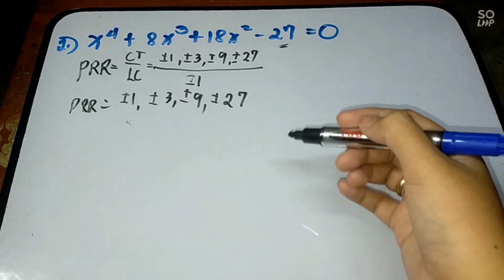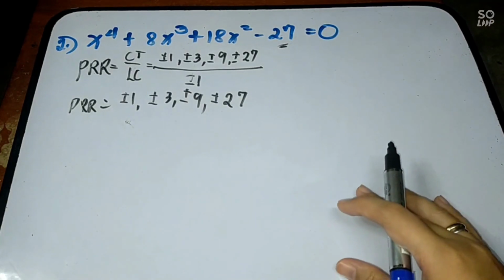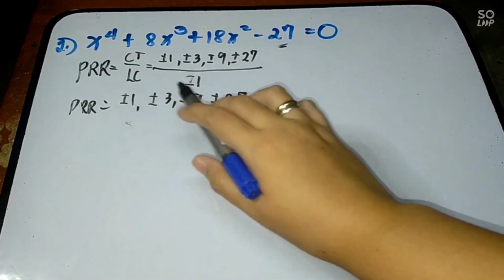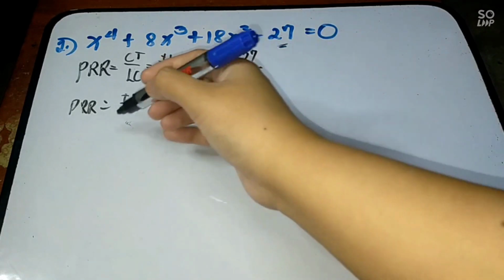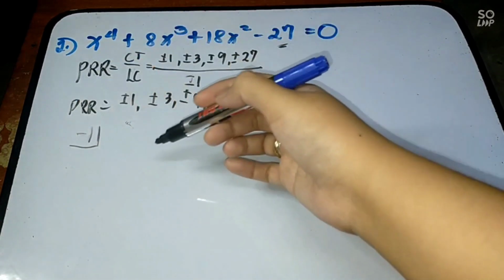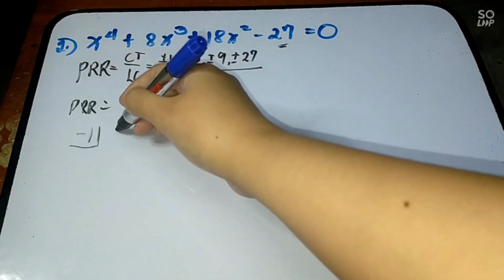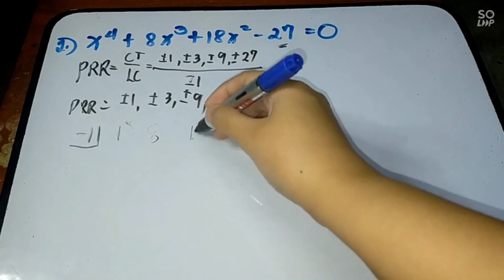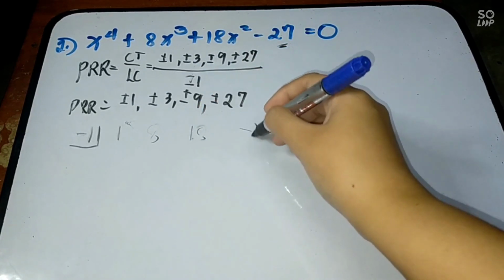Afterwards, let's move with synthetic division. So, we are going to find for the factors using synthetic division. So, pili lang kayo dyan. Let us try nga negative 1. So, kung si negative 1 ang dating gagamitin, let us have numerical. We have 1, 8, 18, and then we have negative 27.